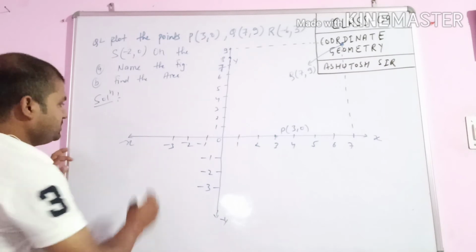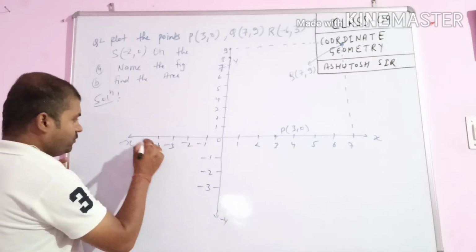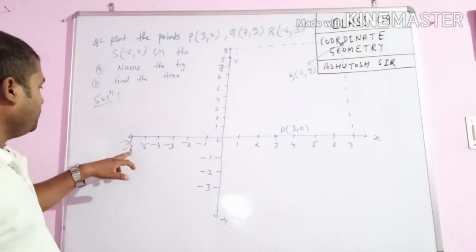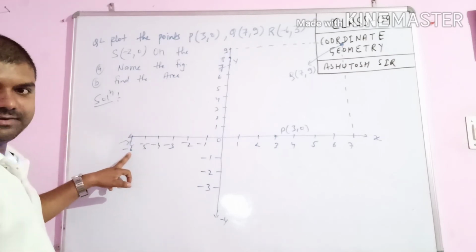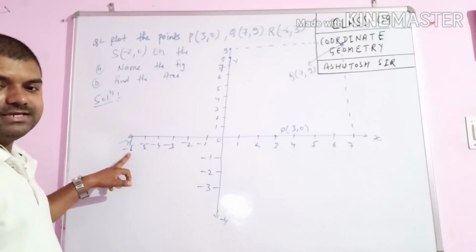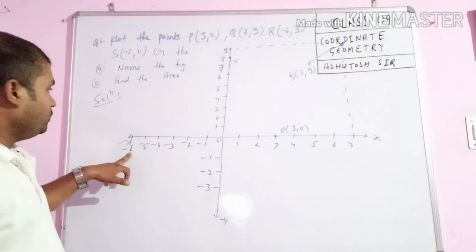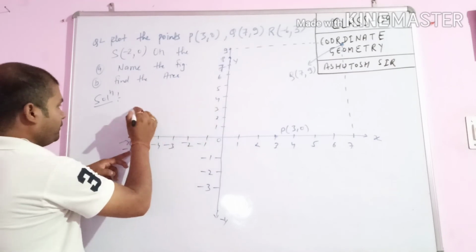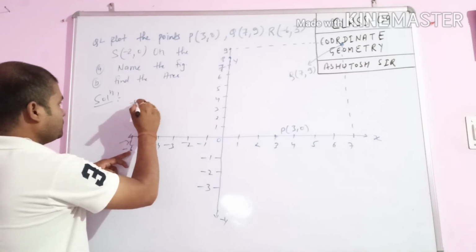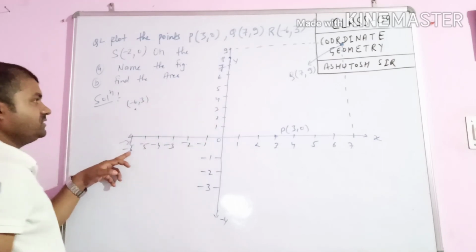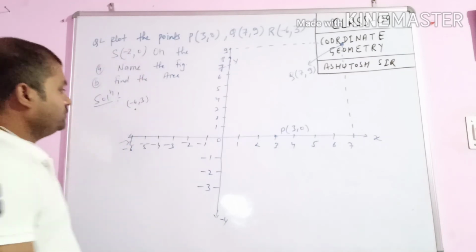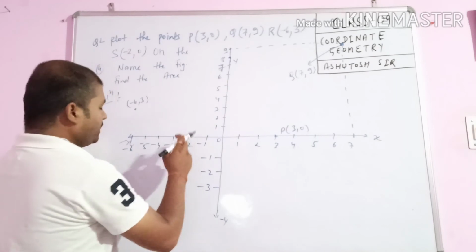So on the x-axis it is minus 6, so plot minus 4, minus 5 and minus 6. Minus 6 is here and the y value is 3. That means minus 6 on the x-axis and 3 on the y-axis, so the point R is here. And S is minus 2, 0.